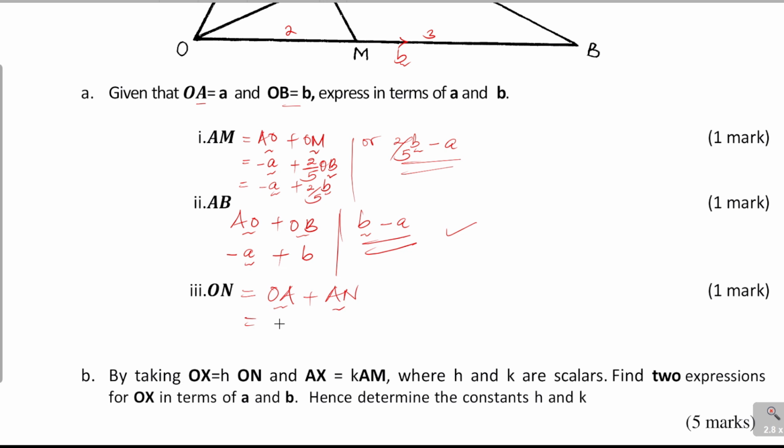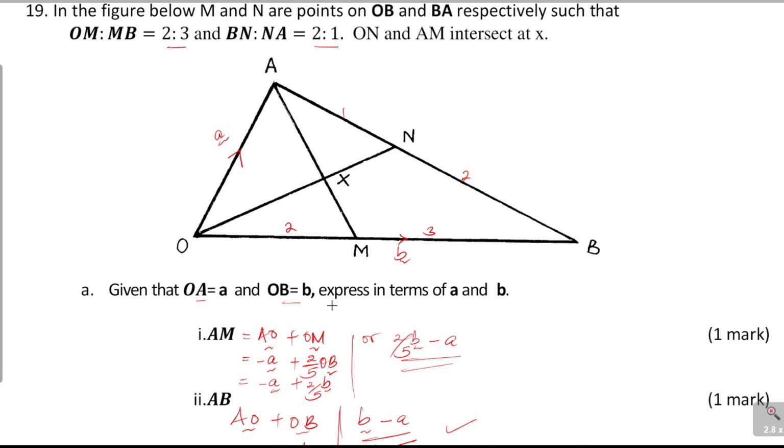OA is given as A. Then AN, we have to use the ratio. You can see that N divides AB in the ratio 1:2. You got that ratio BN:NA, that was 2:1. So AN will be 1.